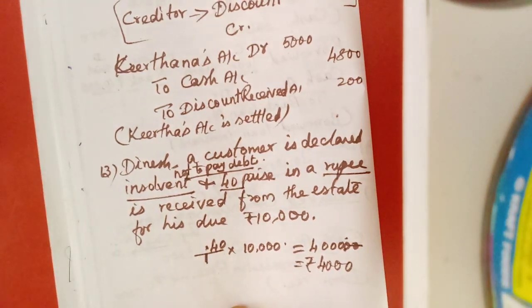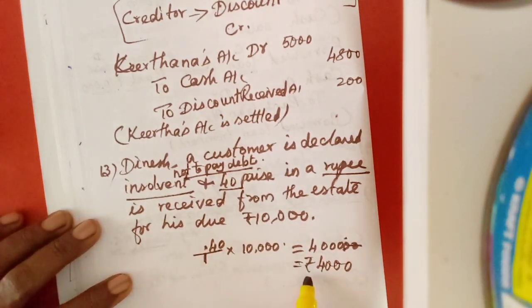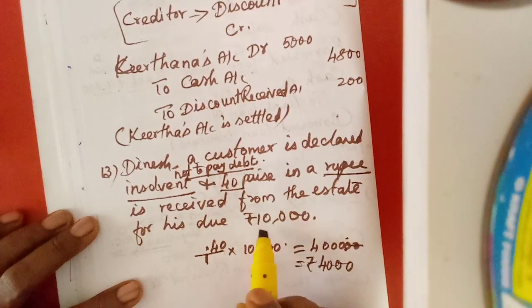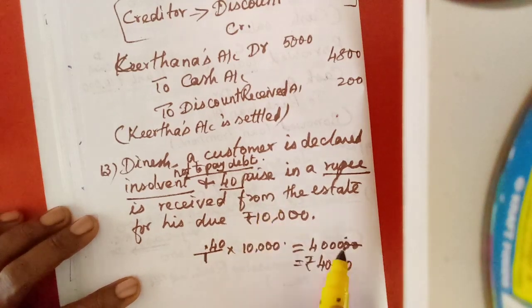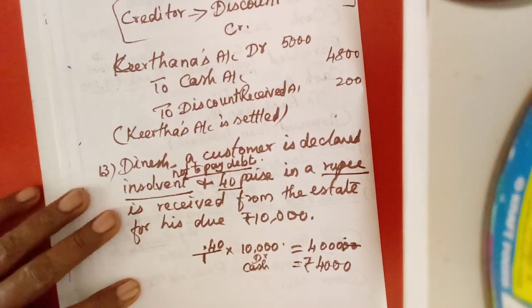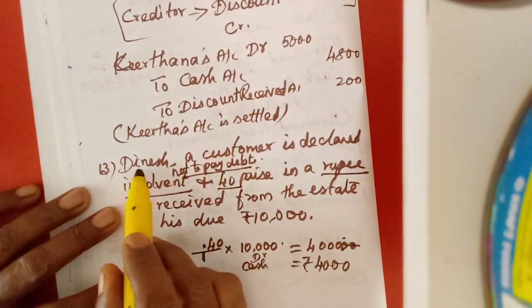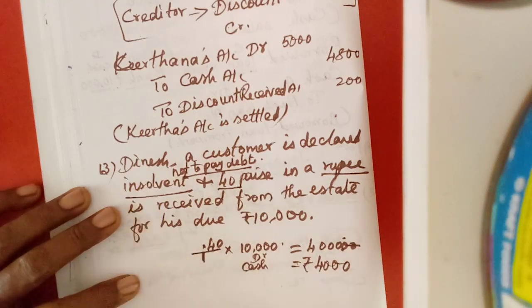So here 4,000 we can receive. That is the cash received from the estate for his due. So 4,000 we can get, that is the cash. So we receive, debit what comes in, we need to debit this 4,000. In his account it is already showing a debit balance.